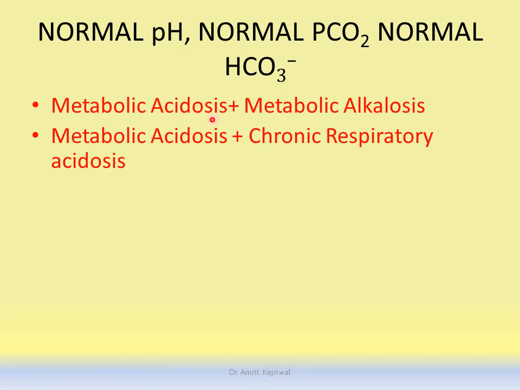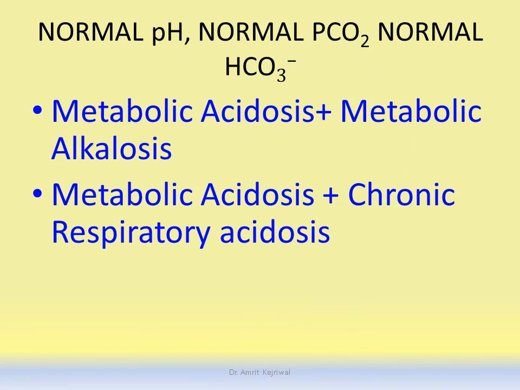Due to the acidosis, he will have a normal pH, normal PCO2 will come because of the metabolic alkalosis, and normal bicarb. And again, a condition in which a patient has metabolic acidosis plus chronic respiratory acidosis, the pH may be low, but normal PCO2 and normal bicarb will be there. So it becomes very difficult to interpret such arterial blood gases, and in such patients it is the anion gap that gives the clue.